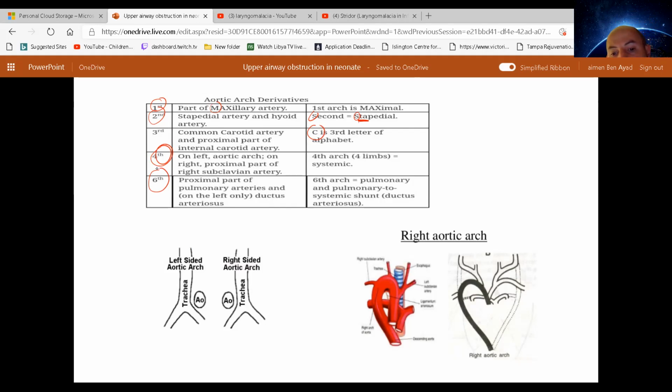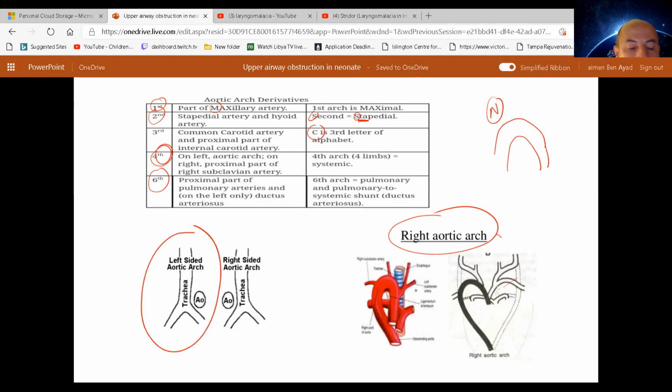If the left side degenerates and the right side remains, that's called a right aortic arch, which is not normal. The left side arch is the normal. So in a normal heart, you usually have the left arch. How are you going to recognize the left aortic arch? It's determined by its location relative to the trachea.